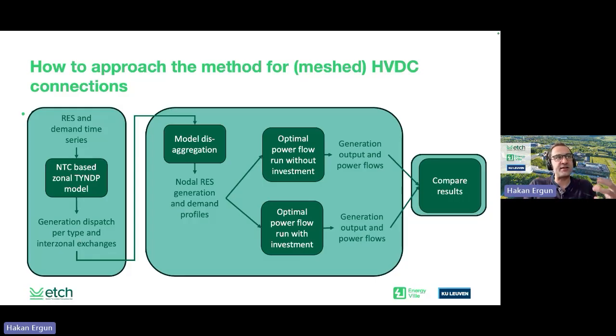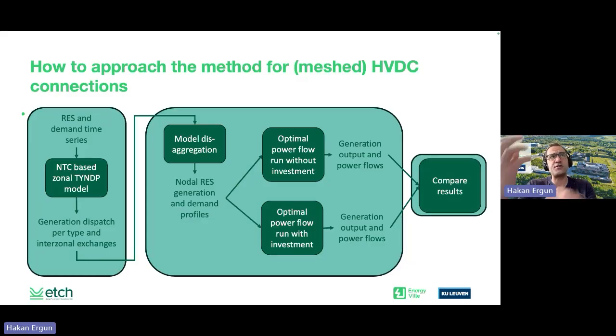The reason for doing that is that the TYNDP input data set that is published by ENTSO-E only provides this per type and not per generator. And after solving this NTC-based zonal model, we are also going to obtain some interzonal exchanges, basically how many megawatt hours are exchanged at each hour of the year between the different market zones.